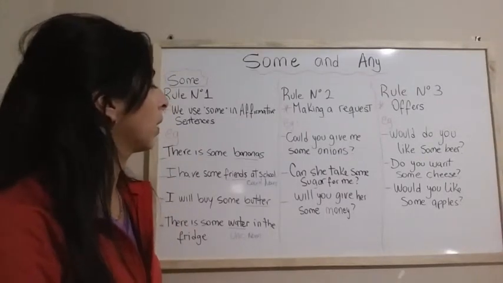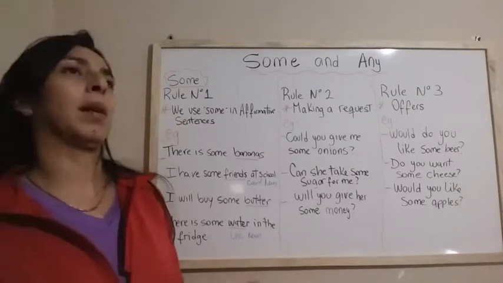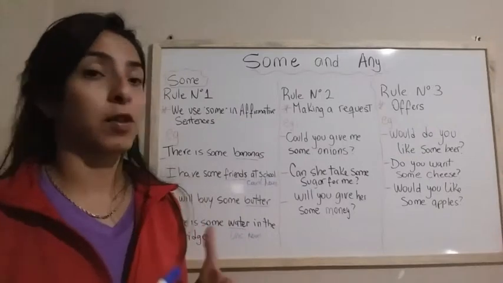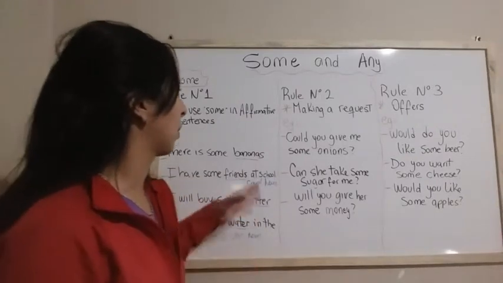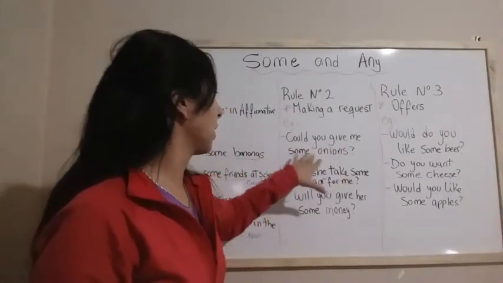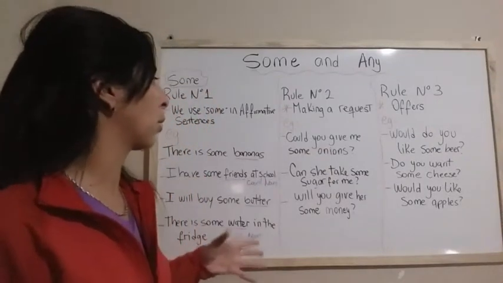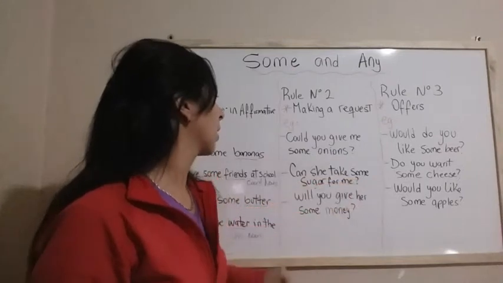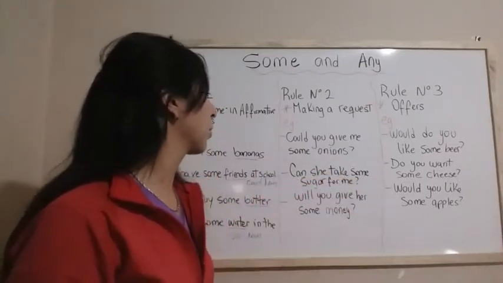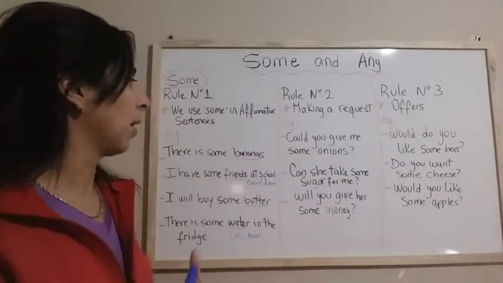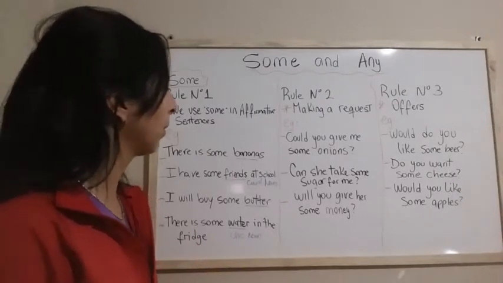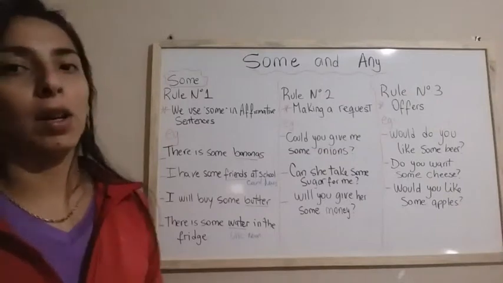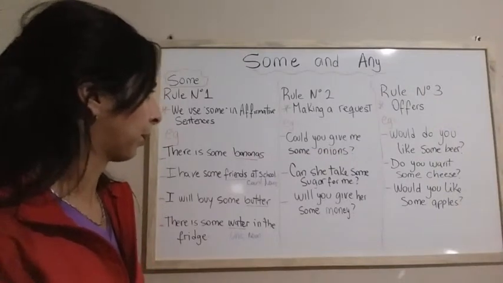So then rule number 2 is making a request. It is when we are asking for something. For example, could you give me some onions? ¿Podrías darme algunas cebollas? Can she take some sugar for me? ¿Podrías tomar algo de azúcar por mí? Will you give her some money? ¿Podrías darle algo de dinero?